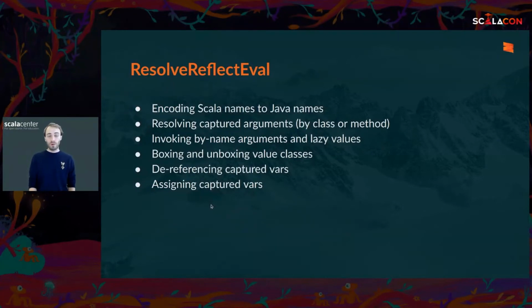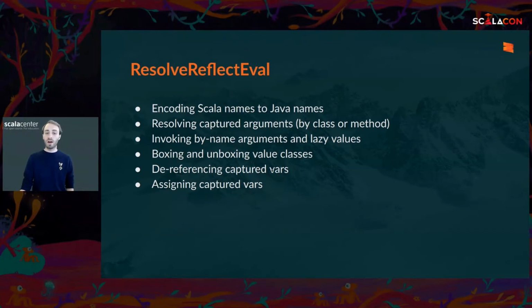Okay, so we saw that the resolve, reflect, eval can encode Scala names to Java names. It can resolve captured arguments. So an argument can be captured by a method, as we saw, but it can also be captured by a class if it's a local class, or if you put a class inside a method. But it can also do many other things, like invoking by-name arguments and lazy values, or boxing and unboxing value classes, or dereferencing captured vars.